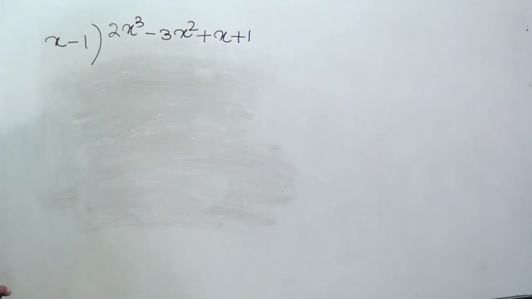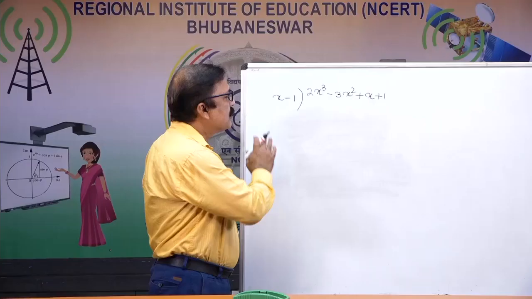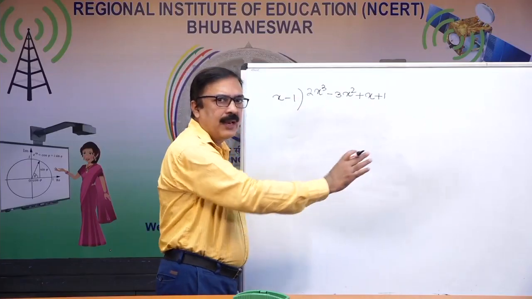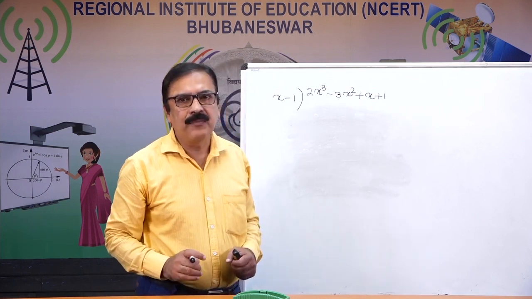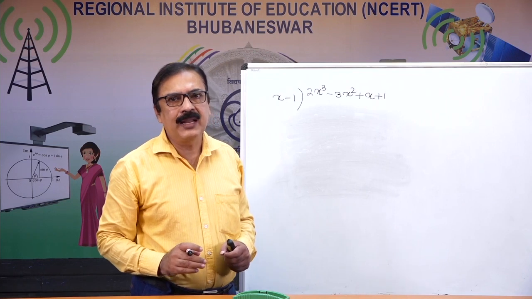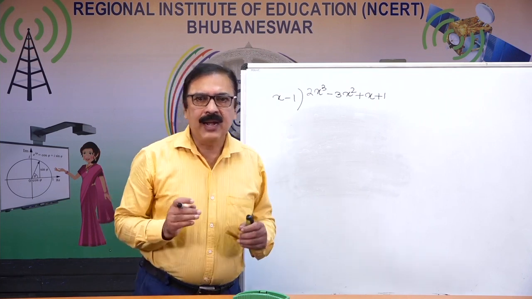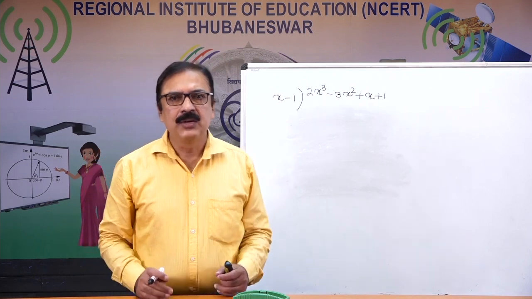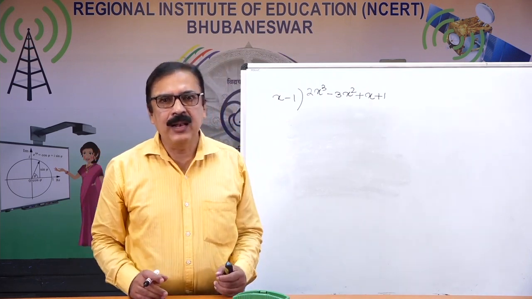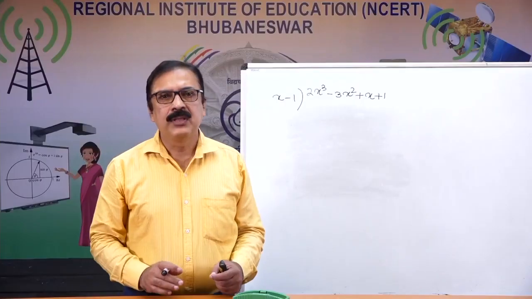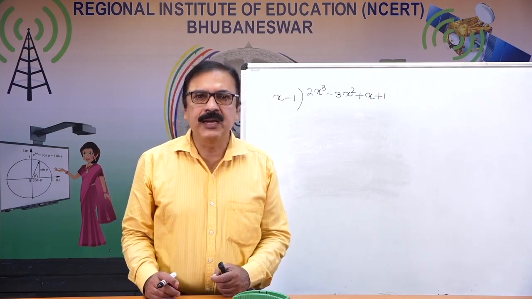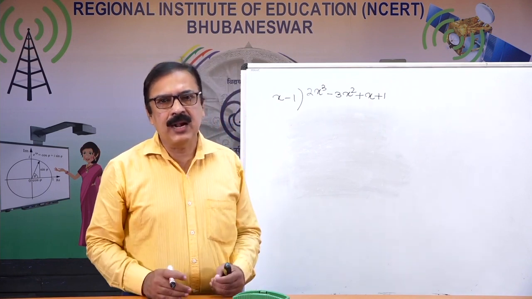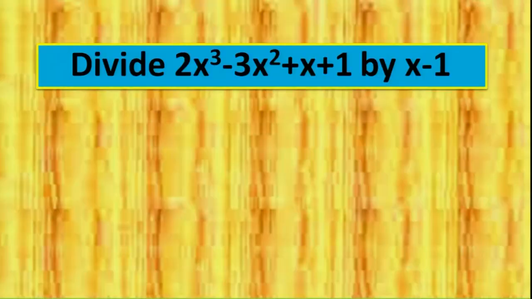Let's understand the process of division of polynomials. Whenever a polynomial is given, first of all we have to write it in standard form. Standard form of writing a polynomial is to write it in descending order of the exponents of the variable. Here it is already in standard form, so we can start.